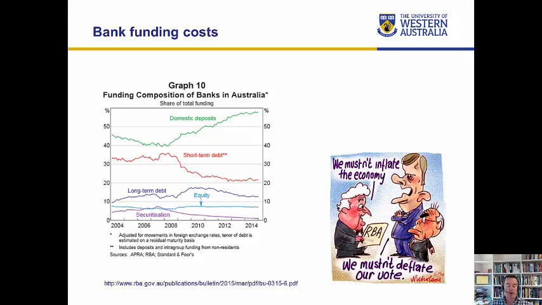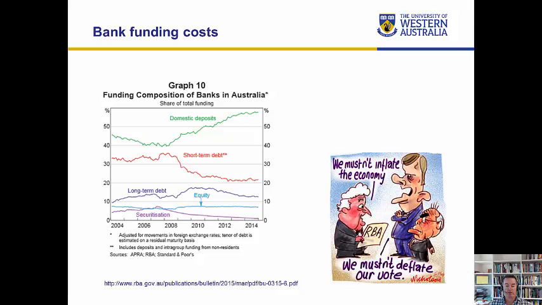So that change in the composition of funding would have actually increased the weighted average cost of bank funding for the banks, and it would have made it more difficult to actually pass on all of these interest rate cuts that were hitting the Australian economy in 2008-2009.